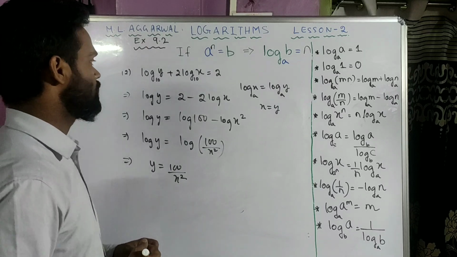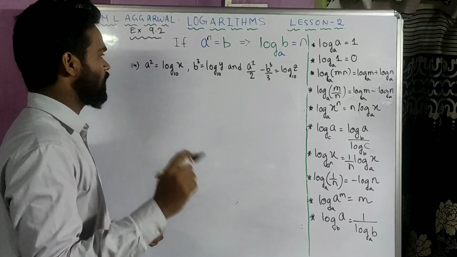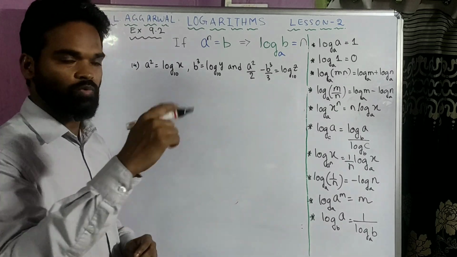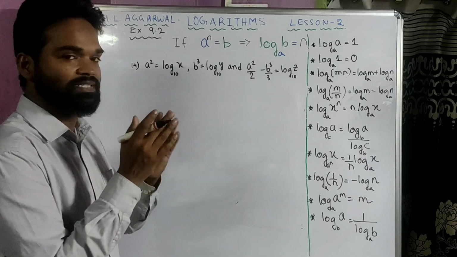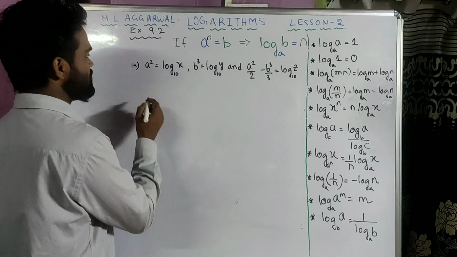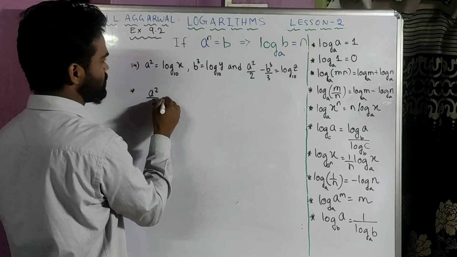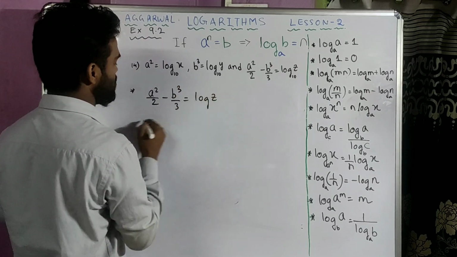Okay. Now we look at the next sum. Now look at sum number 14. A square is given as log x, b cube is given as log y, and they have given a relation: a square by 2 minus b cube by 3 equals log z. They have told us to express z in terms of x and y. Pretty easy. We'll take a square by 2 minus b cube by 3 equals log z.